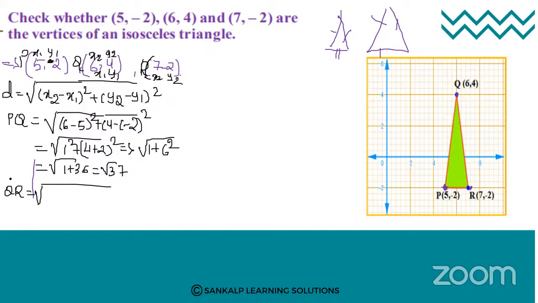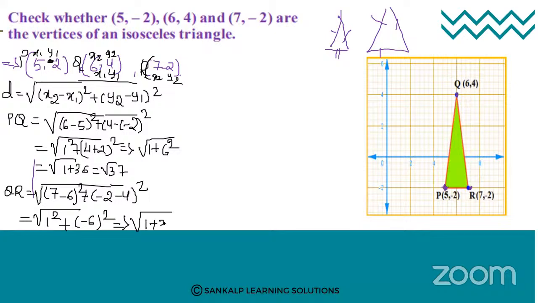So now x2 is 7 minus 6 whole square plus y2 is -2 minus 4 whole square. 7 minus 6 is 1 square plus (-2 minus 4), this is -6 whole square. That means 1 square is 1, plus -6 square is 36. You will get root 37. This is also root 37.